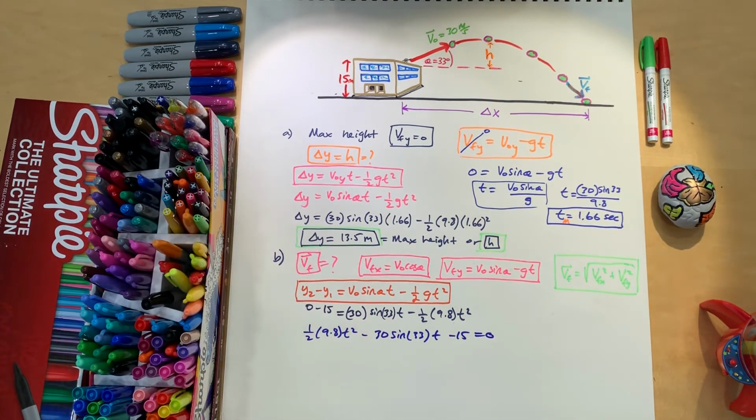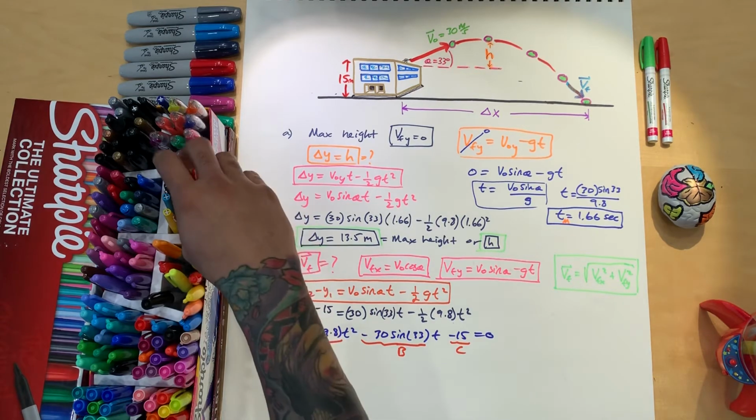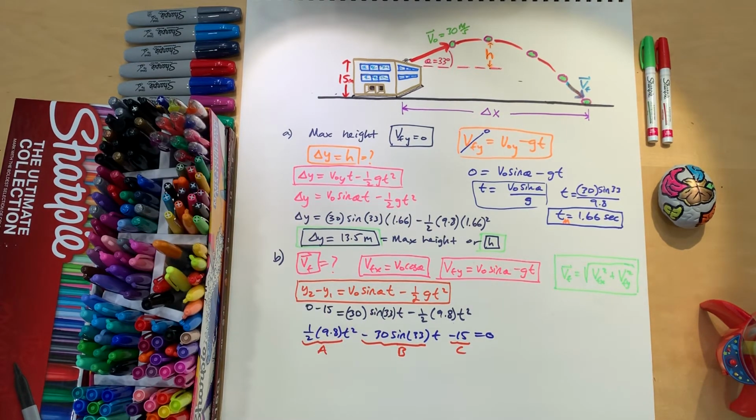You may like another way. You always need to make it equal to 0 though. And I like to identify what my A is, what my B is, and here is C, just so there's no confusion. Now let's write it out for anyone that has not memorized the quadratic formula, or rearranged it in a way that you don't feel comfortable.